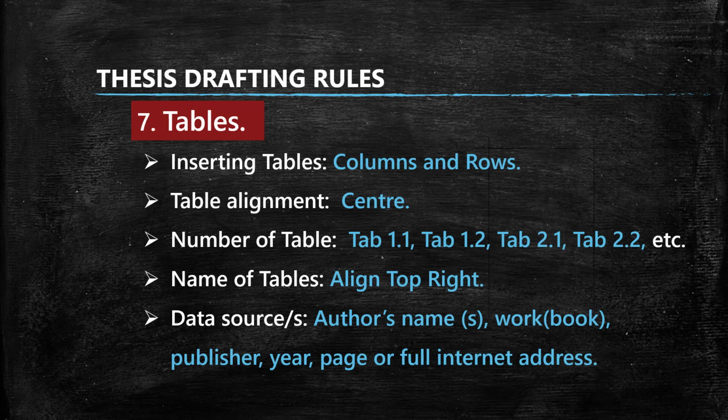As for the source, the author's name, the name of the book, the publisher, year or page, or the full internet address where you collected the table from, you indicate it close to the name of the table at the top right corner.